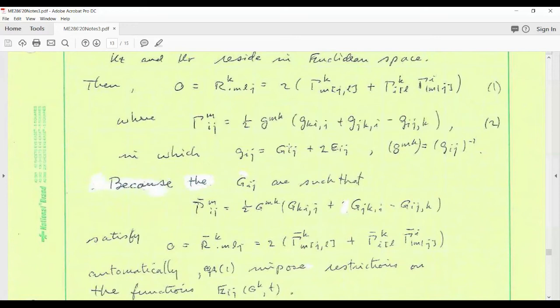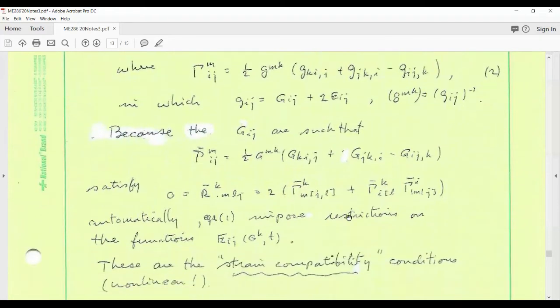Now the referential metric, G, will induce our referential connection in the same way. The referential connection based on the referential metric, that's the referential Levi-Civita. Well, our reference configuration sits also in Euclidean space, so this connection will induce a Riemann tensor that has the value 0.